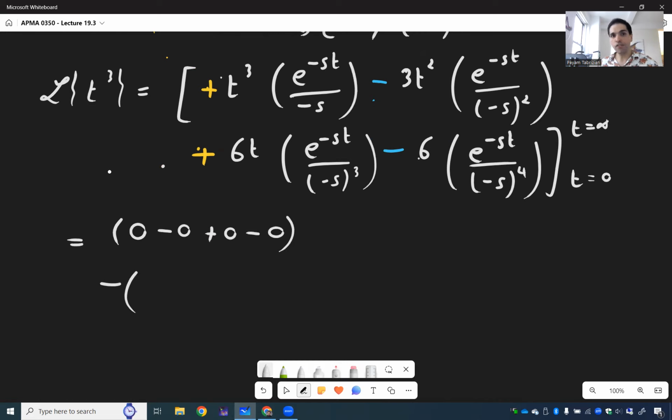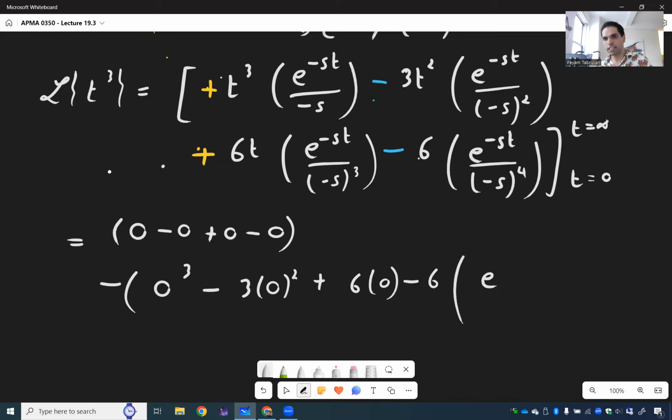And then for the t terms, most of them are 0, right? t cubed at 0 is 0 cubed, and then times whatever, minus 3 times 0 squared, plus 6 times 0, minus 6 times e to the minus s times 0 over minus s to the 4th.